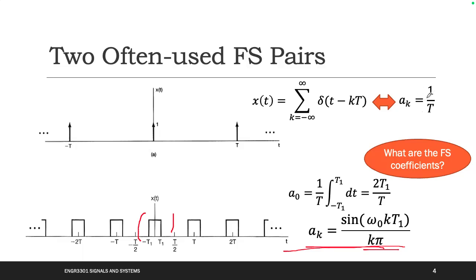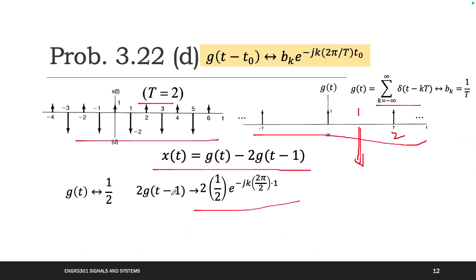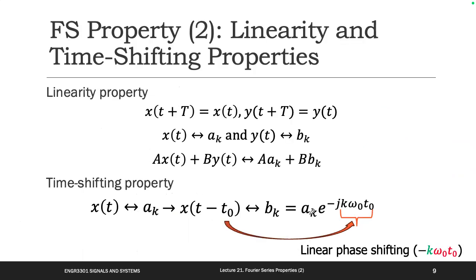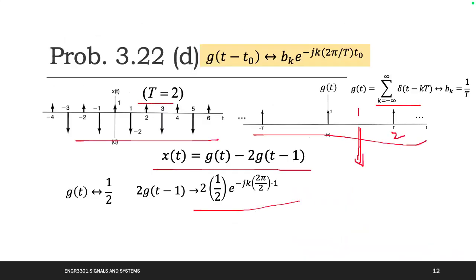So the a_k for the g(t), the FS coefficient, is 1/2, am I right? And for g(t) minus 1, it is what? It is the a_k 1/2 multiplied by this part. That makes sense to you? Which means we will multiply by this part, and this t now equals 1, am I right? Yeah, so that makes sense to you?